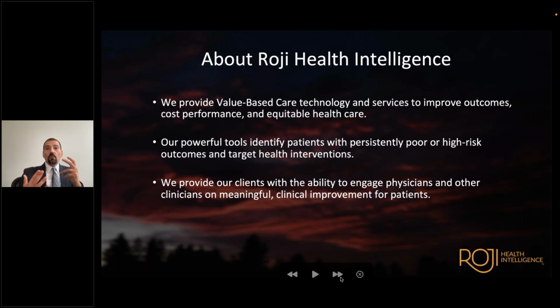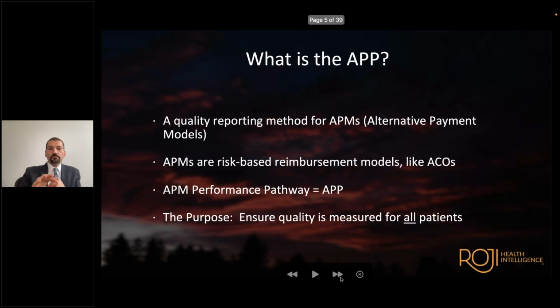In other words, we want our clients to be able to see who their patients are that are going to be potentially problematic, have high costs, poor outcomes down the road, and to get in touch with them before they hit that point. So we want to engage physicians and other clinicians on truly meaningful clinical improvement for patients.